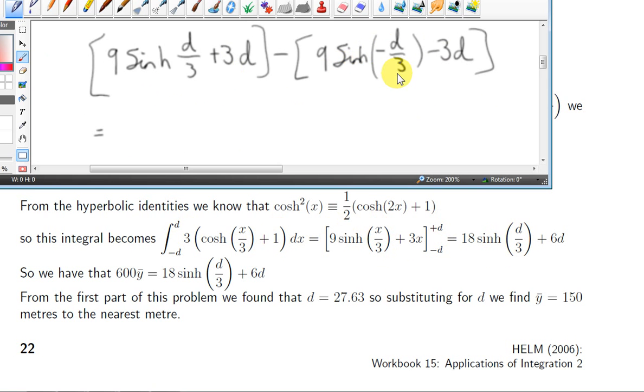The hyperbolic sine of minus d over 3 is minus hyperbolic sine d over 3. So these two terms combine to give us plus 18 hyperbolic sine d over 3, and then we have plus 3d giving us plus 6d.